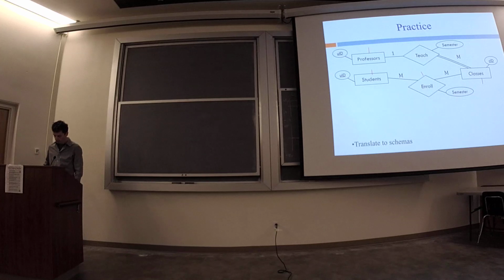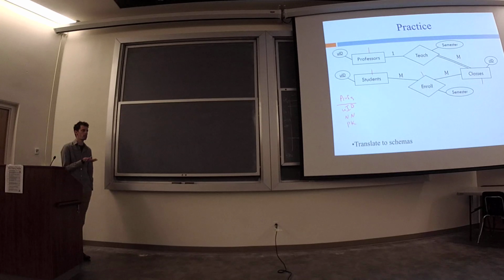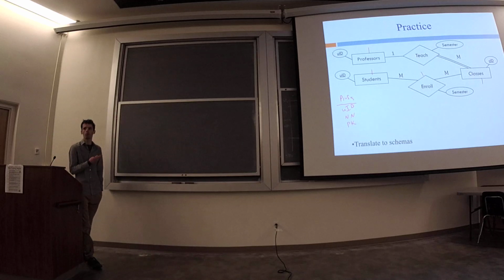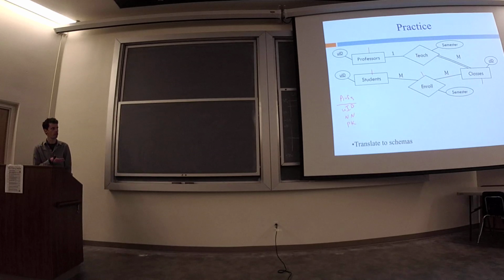So, let's start translating this. Let's start with professors, because it's easy. Prof has a column called UID. It should be non-null, and it should be primary key. We don't know its type. There's not enough information. If I wanted you to give the type, I'd give you more information.